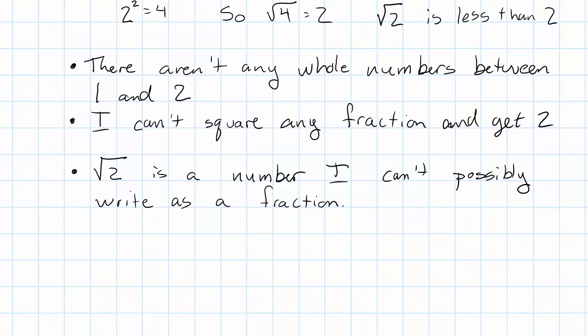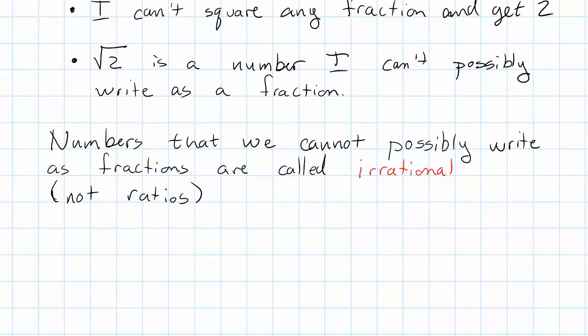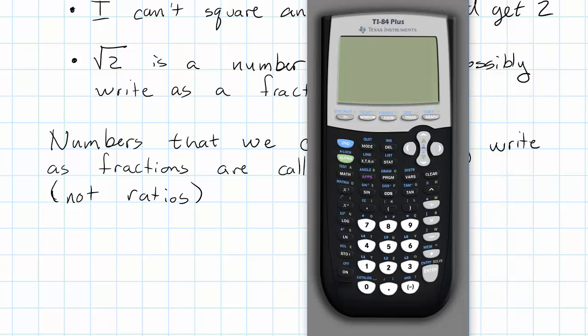Numbers that we cannot possibly write as fractions are called irrational. Now that's not because these are crazy numbers that don't make sense. They're irrational because they cannot be written as ratios. But wait, you say, that's cool. I can put the square root of 2 into my calculator. I hit enter, and there we go. That's the square root of 2 as a decimal.